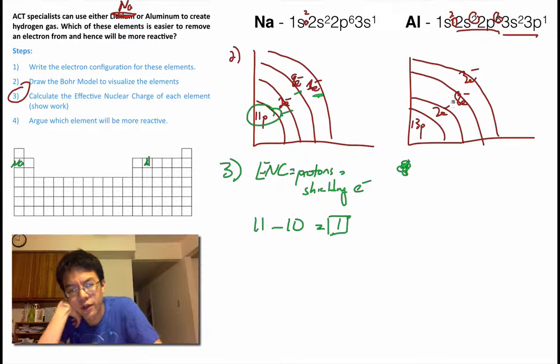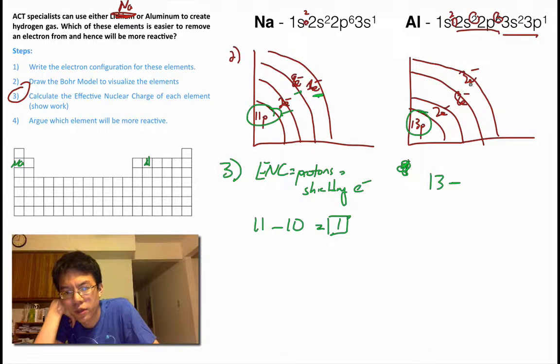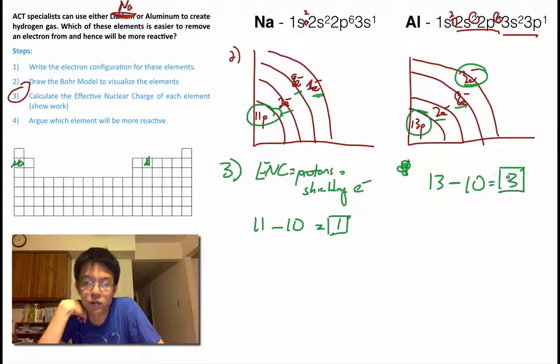On the other hand, let's look at aluminum. This time we've got 13 protons pulling, right? All 13 are pulling on these valence electrons, and we have 3 valence electrons on the outer ring. Between the nucleus and those outer electrons, there are only 10 electrons in between, meaning the effective nuclear charge is 3.